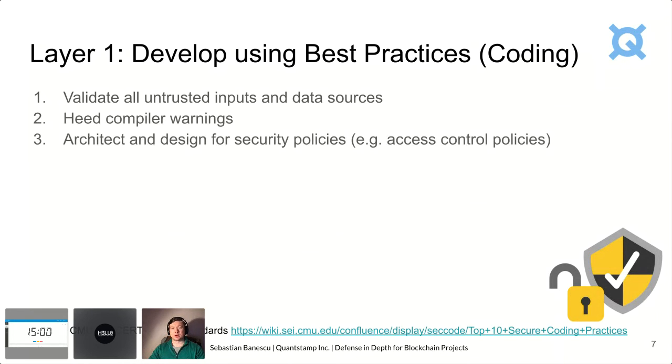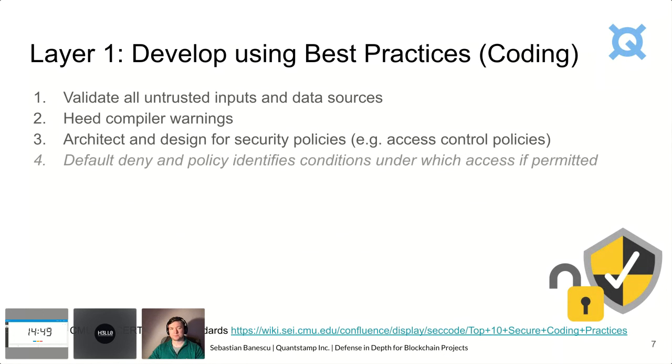You should also architect and design for these kind of security policies such that you have different roles and you know which roles are able to access which functions. And by default, you should deny access to everyone. In Solidity, this is very hard because in Solidity, you actually need to add modifiers to a function to restrict access because by default, everything is allowed.